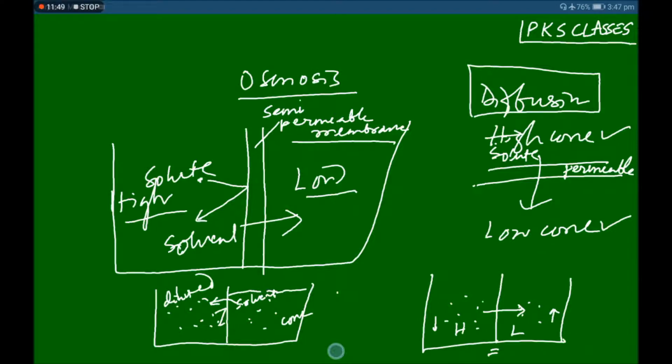So solvent will move from low to high concentration, because then this side will be more concentrated and this side diluted. According to the law of equilibrium, both sides will have the same concentration.